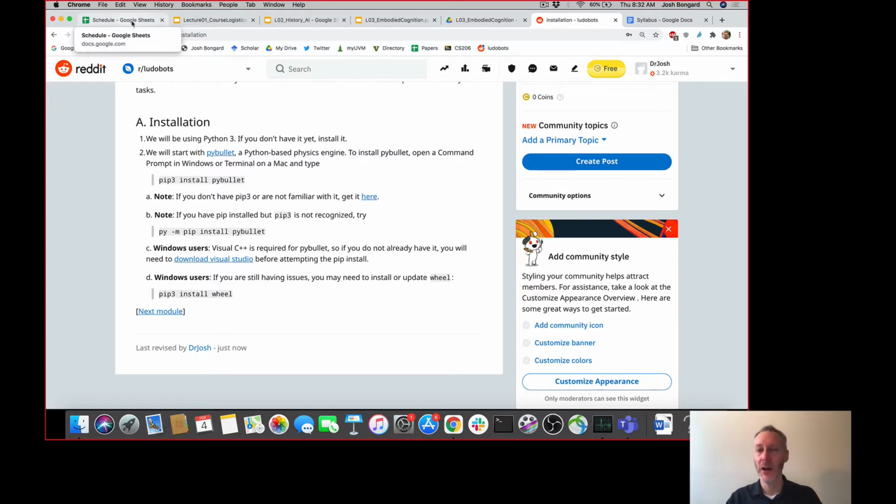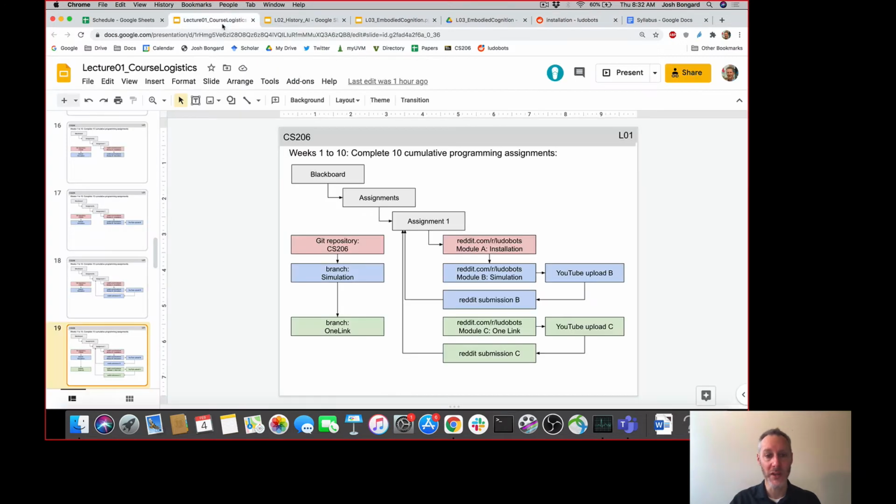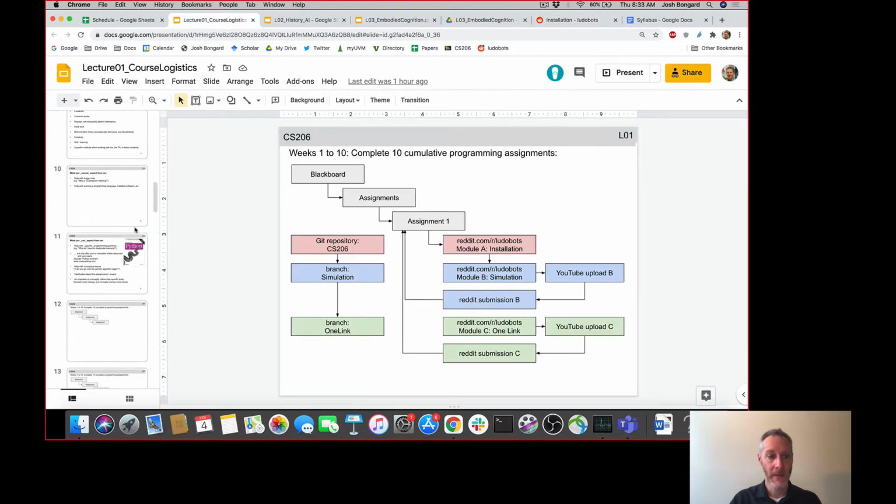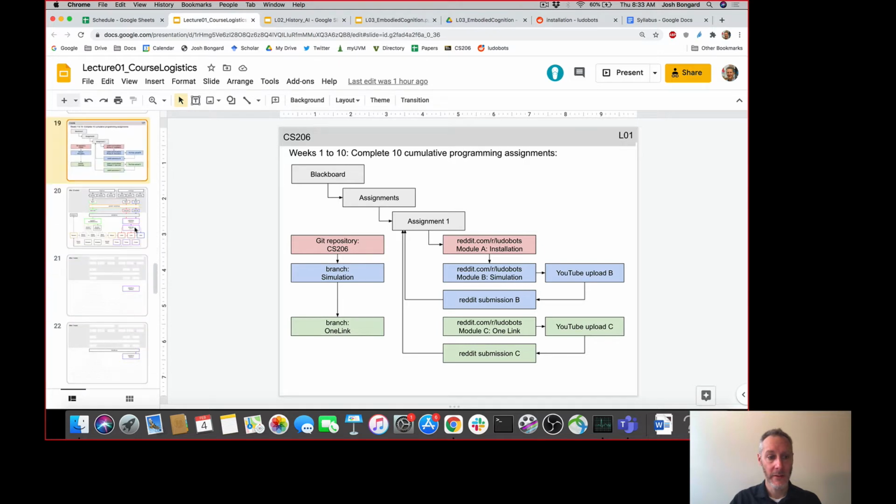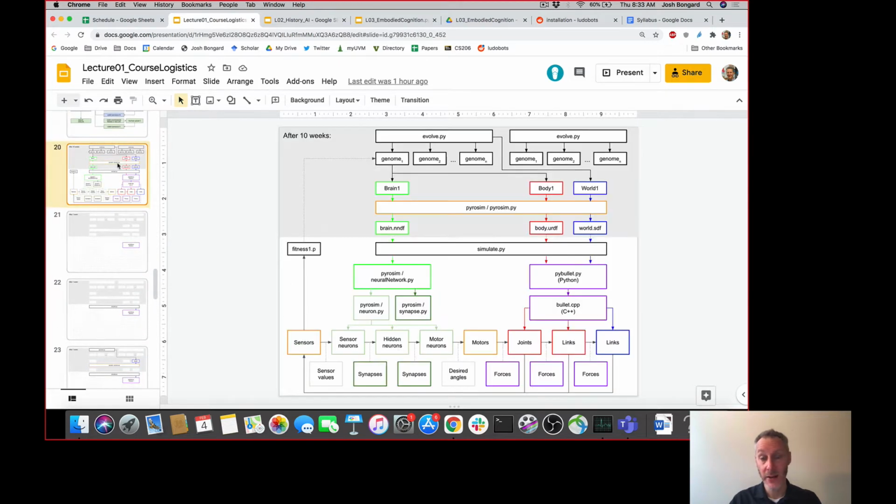Okay, so let's talk about assignment 1. My understanding is that some of you Windows users have been having some issues. The first one is that you need to install Visual C++. The reason for that is that the physics engine that we're going to be using in this class, PyBullet, as the name implies, is a Python wrapper around the Bullet physics engine, which is written in C++.